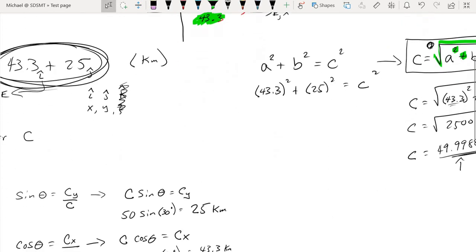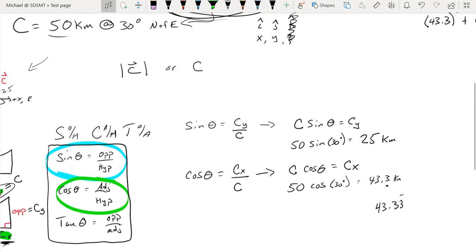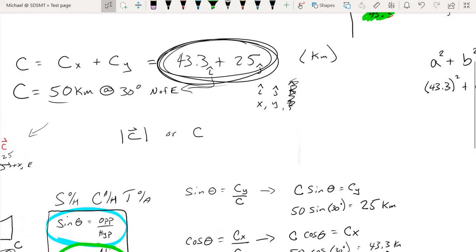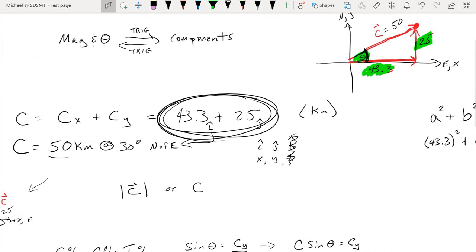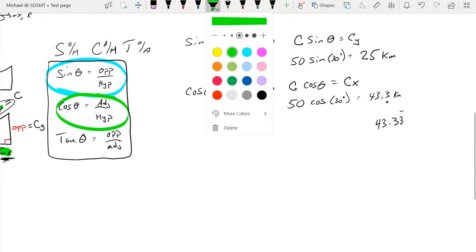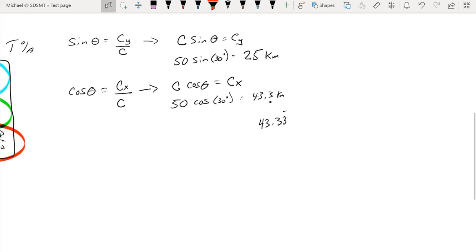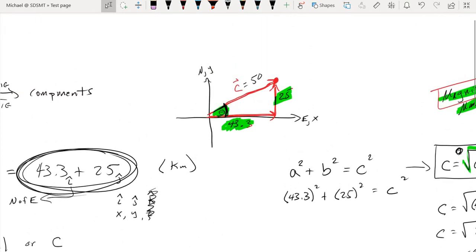So going back to the list of our trig functions, the trig function that involves the opposite leg, the adjacent leg, and the angle is the one trig function that we haven't used yet, which is tangent. So we'll come up here and we'll use tangent theta.